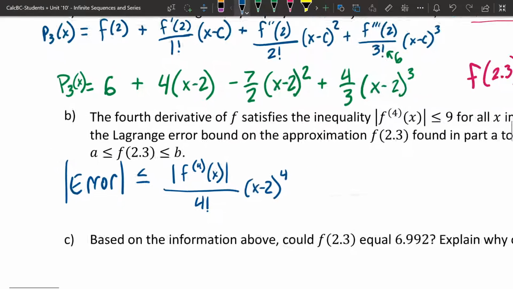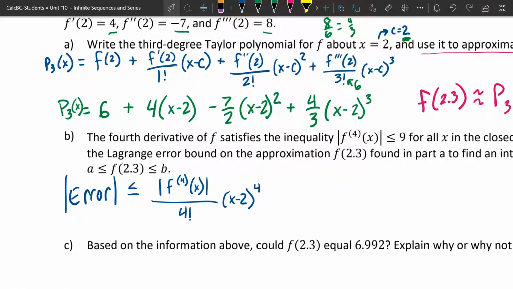That would be that next term in the partial sum, thinking about the infinite series. This would be the partial sum going out to the third degree. That next term, if we were to find the fourth degree Taylor polynomial, is again going to be that maximum error, that maximum remainder.